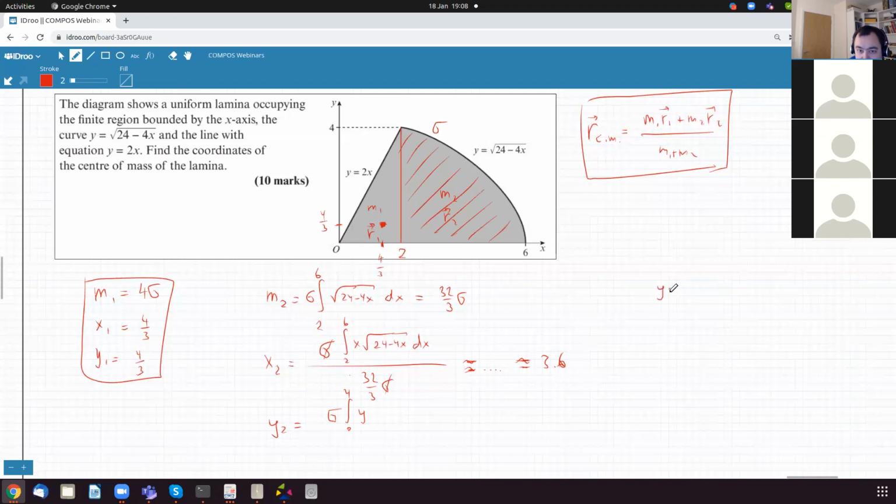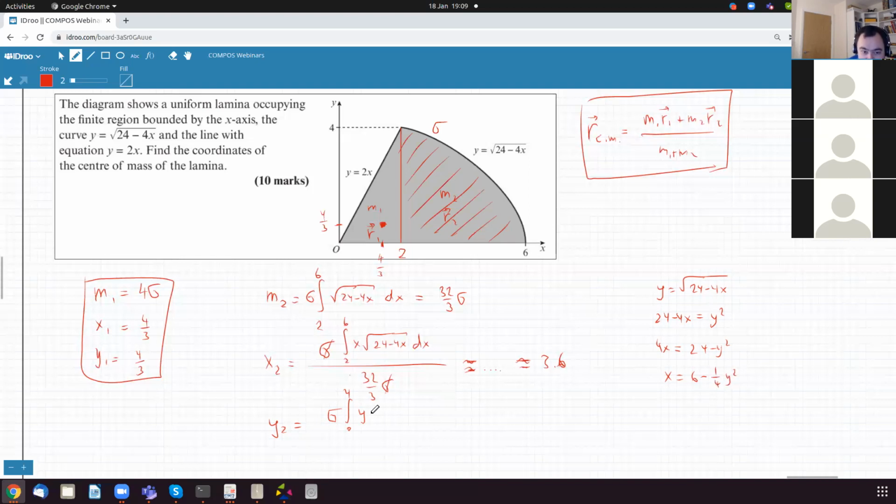Because y is equal to square root of 24 minus 4x, 24 minus 4x equals y squared, so 4x is equal to 24 minus y squared. So x is equal to 6 minus a quarter y squared.